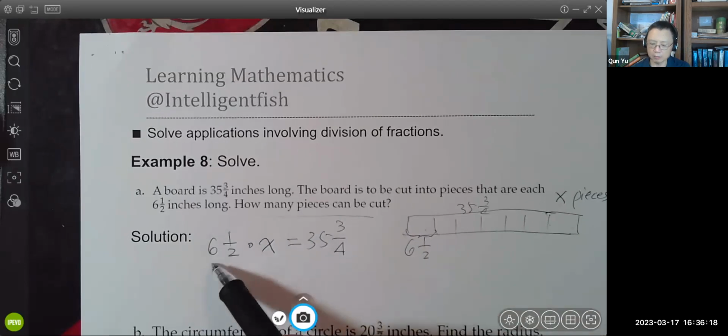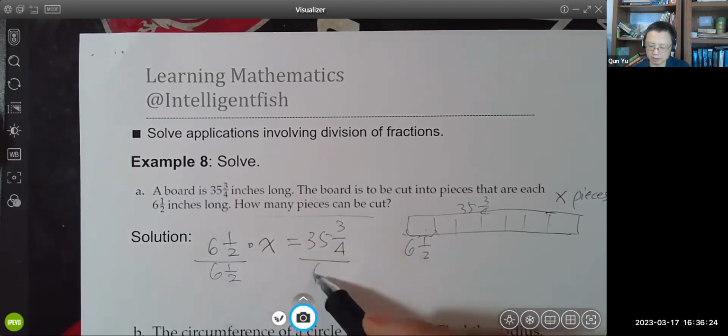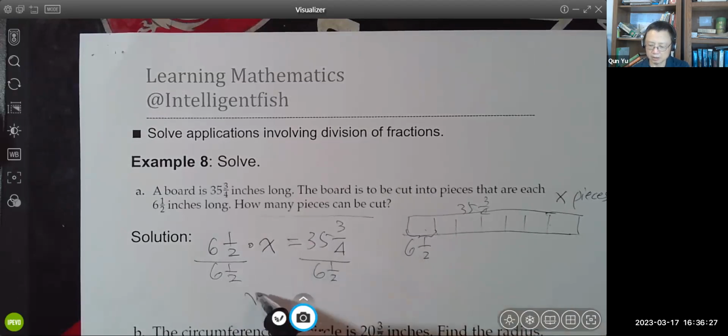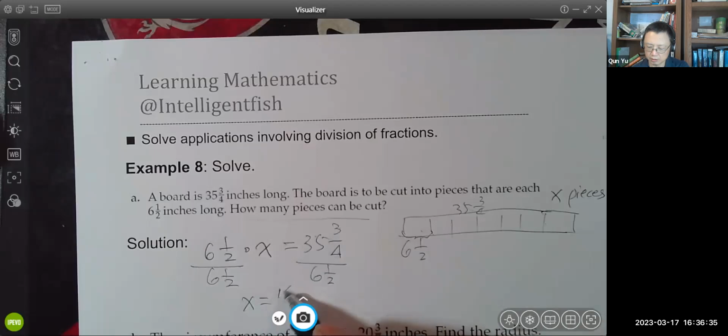We have to divide by this number to get x, right? So anything divided by itself is 1. We need 1x. So x equals, let's change both to improper fraction. 35 times 4, that's 140, 143. Divided by, this one is 13/2.